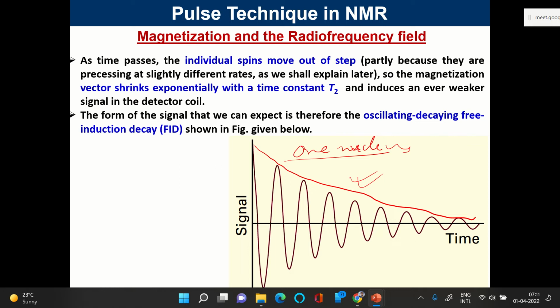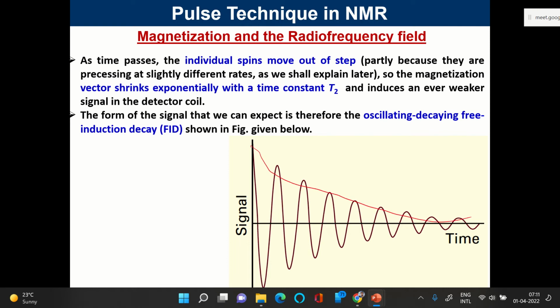The pulse induces oscillation when it is absorbed by this nucleus, and once the pulse is gone, it starts decaying in this manner. This is what we talk about.